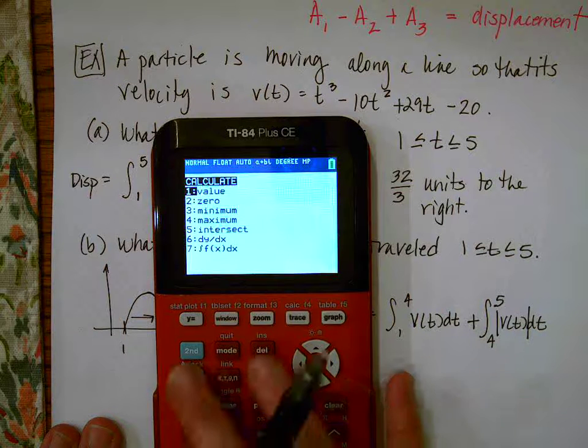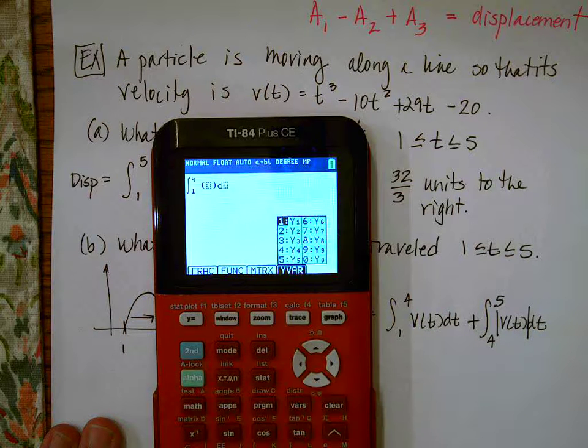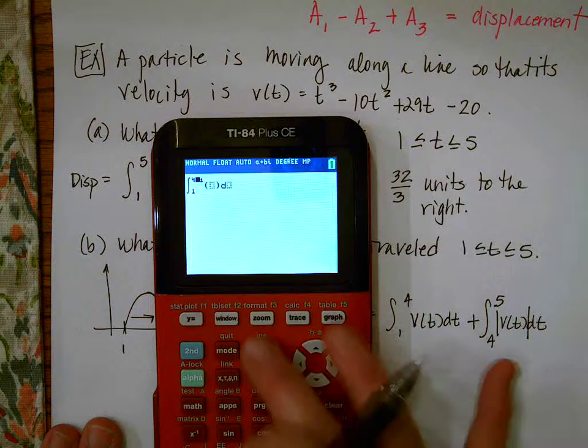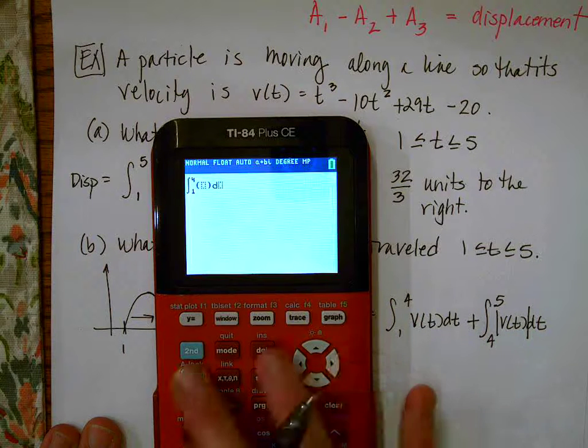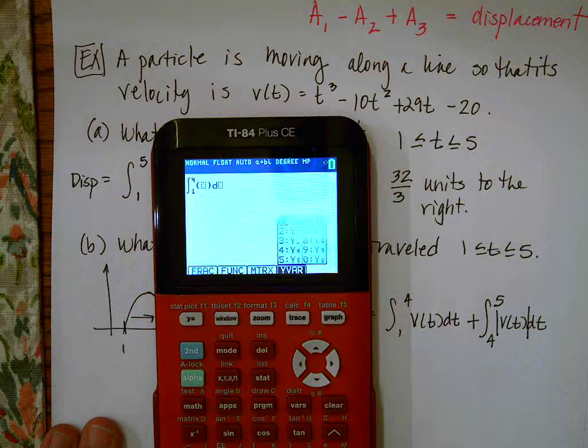I don't want to have to retype that whole equation, so I'm going to do second trace, except in this, I'm going to do alpha trace, and I'm going to hit y1, except I'm going to put it inside the function. There we go.